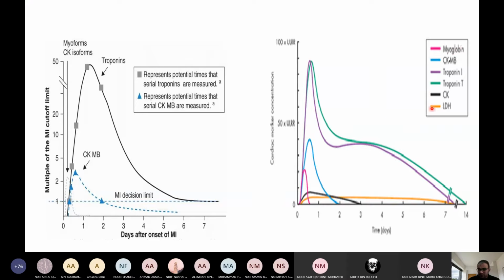And you can see some of the other markers or proteins that cannot be really significant in terms of a peak and pattern, because most of the time they are flat or plateau across the illness. That's why we rely more on the troponins in general, I and T.